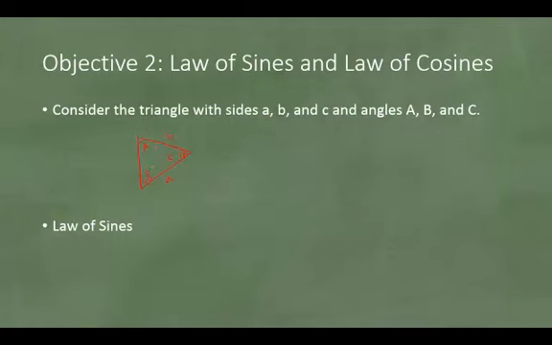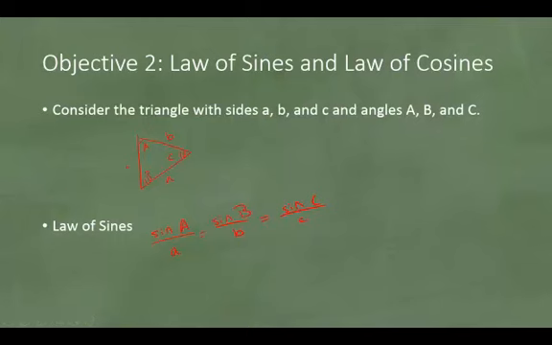Then the law of sines says that the ratio of the sides to the sines of the angles have to be the same. So sine of A, remember this has to be an angle in here. It has to be big A, it can't be little a. Over little a is equal to any of the other ones, sine of B over b, or sine of C over c.